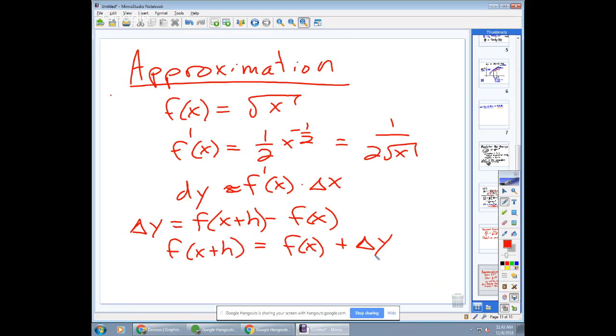Right? And if delta x is small enough, then dy and delta y are almost the same thing. So then what I get is that delta y there can be replaced with f prime of x times delta x.